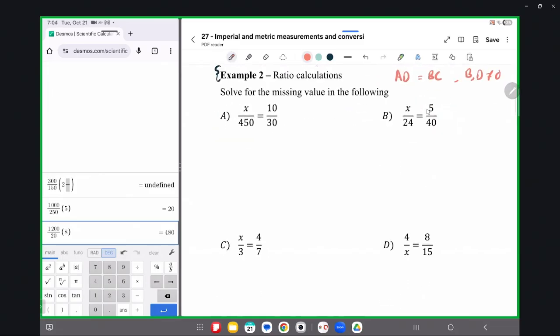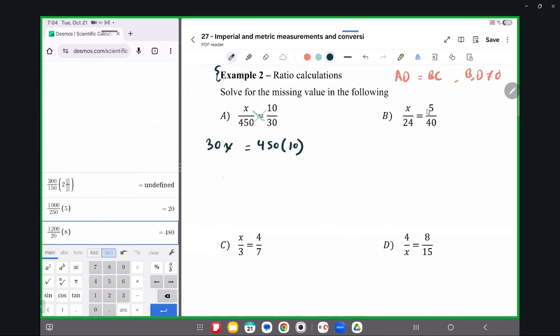So when we're going to solve for the following in this case, we have x over 450 is equal to 10 over 30. We use the means and the extremes. So it'll be x times 30. So that'll be 30x is equal to 450 times 10. Okay. Now at this point we divide both sides by 30.